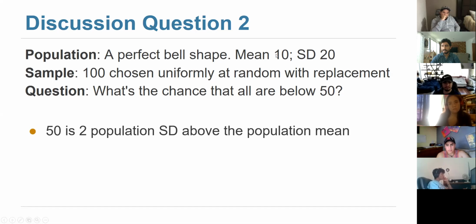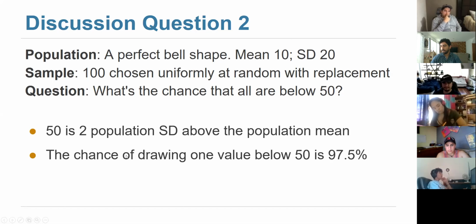So if the mean is 10 and the standard deviation is 20, 50 would be 2 standard deviations away. So the chance of drawing one value below 50 is 97.5%, because 97.5% of your values are below 50.